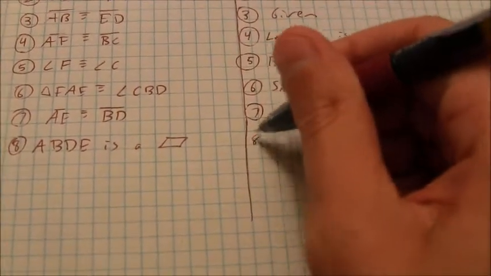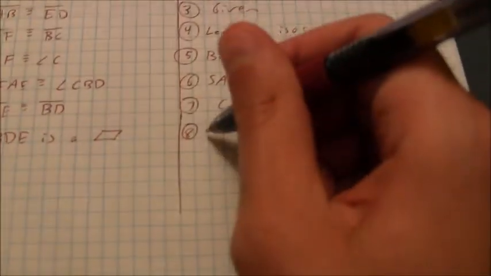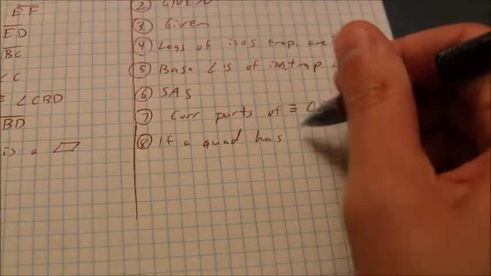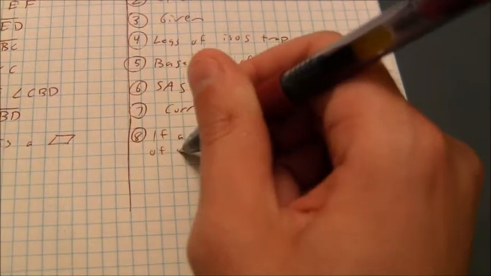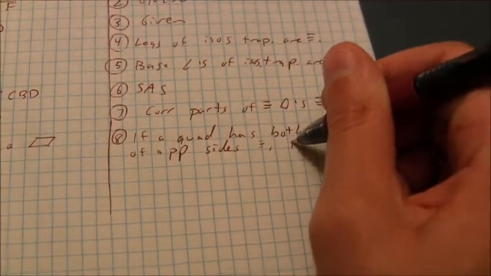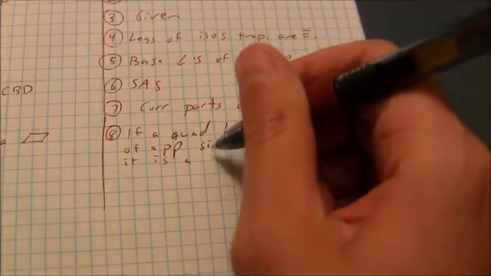And this is going to allow me to use one of my shortcut rules because I know it's already a parallelogram. So if a quadrilateral has both pairs of opposite sides congruent, then it is a parallelogram.